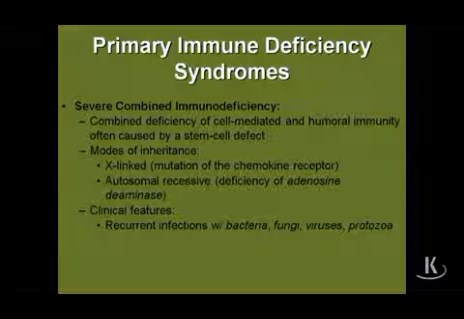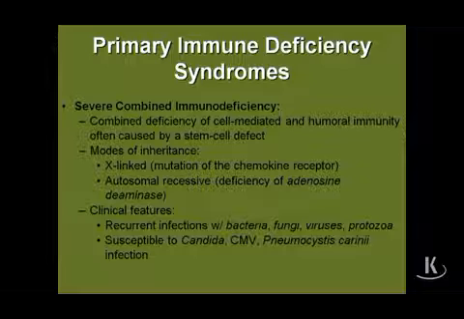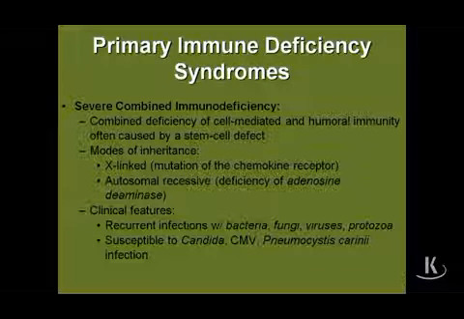So the clinical features, obviously recurrent infections with all types of infectious microbes and susceptibility to Candida, CMV, Pneumocystis carinii. Remember, Pneumocystis carinii can be found in any severely immunocompromised state. We used to see it in AIDS patients, but because of the development of prophylaxis and early intervention and treatment of AIDS patients, you see this Pneumocystis carinii pneumonia less frequently, except on exams like the USMLE.